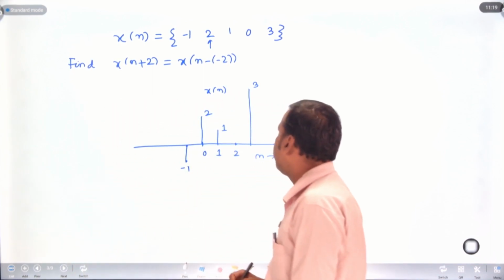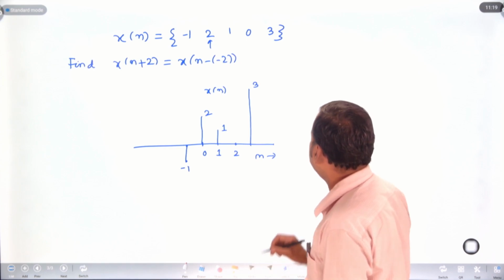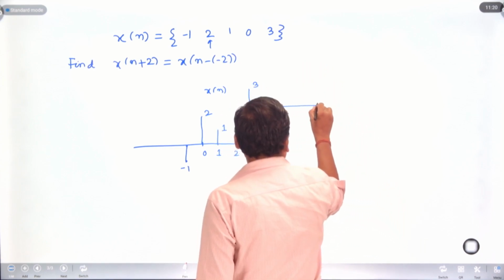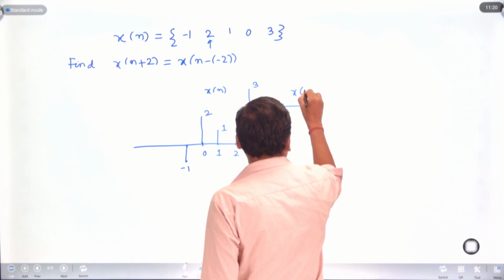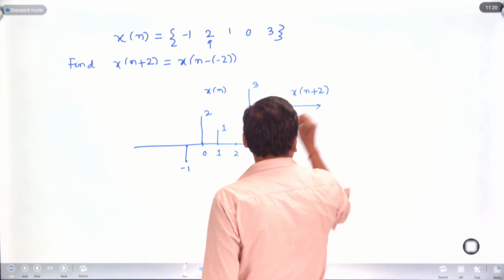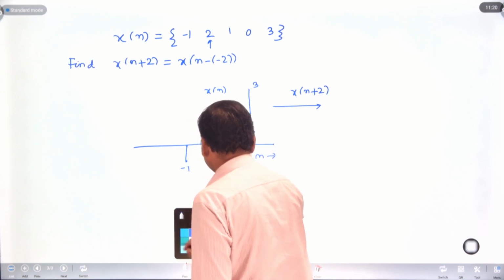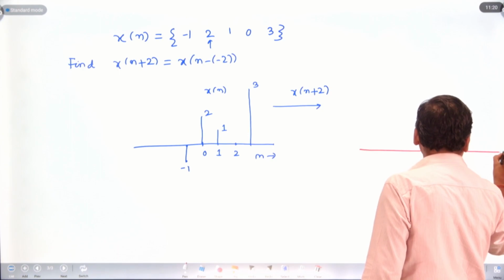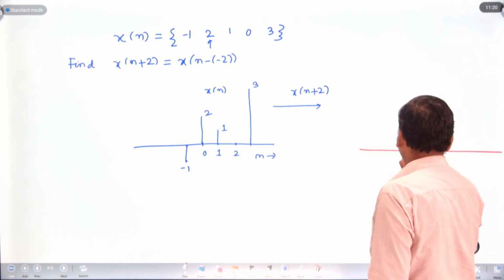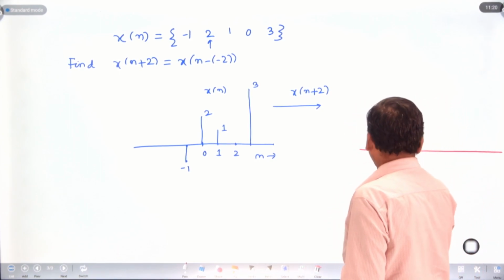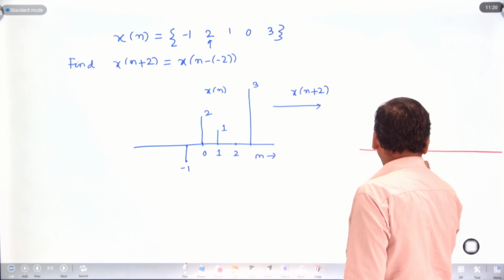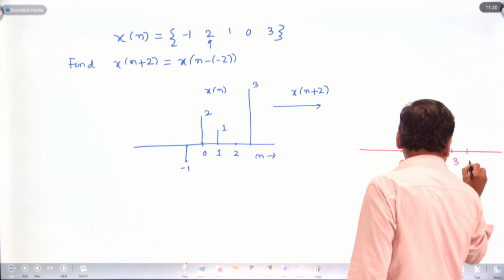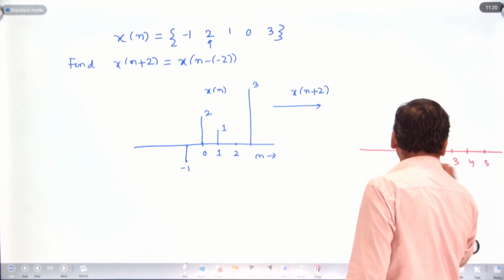Now we are going to find x of n plus 2. For the advance, what is x of n plus 2? You can mark it on the x-axis here.